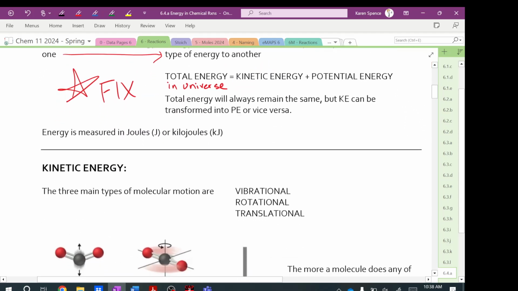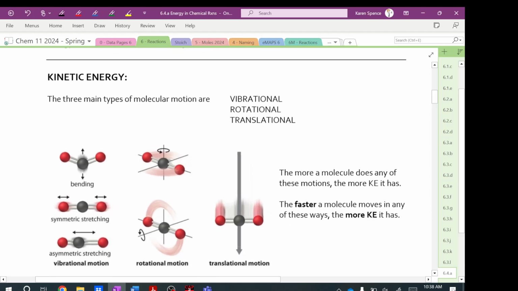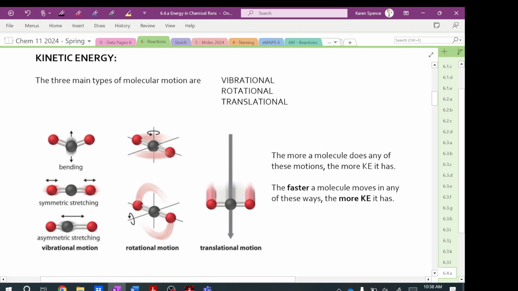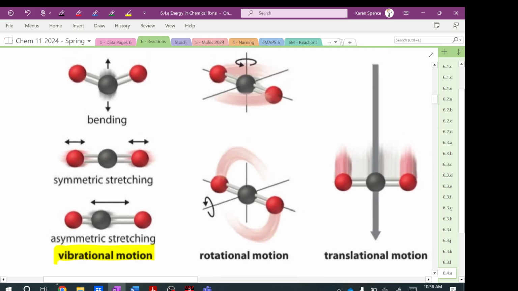All right. So kinetic energy, you're not really responsible for knowing all the different types, but it is kind of good to know. There is vibrational. If I am a CO2 molecule, one of the forms of vibration is bending.